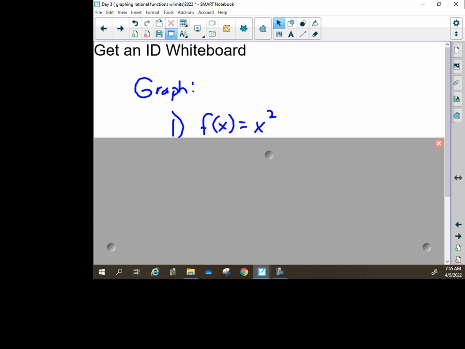Remember, you have the graph side on the other side that you can use. So we know this one right over here is just a simple quadratic.